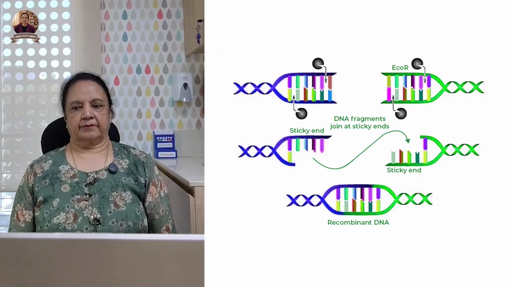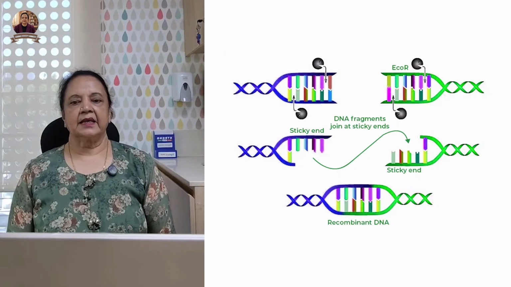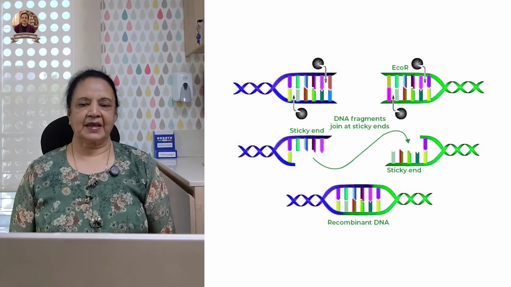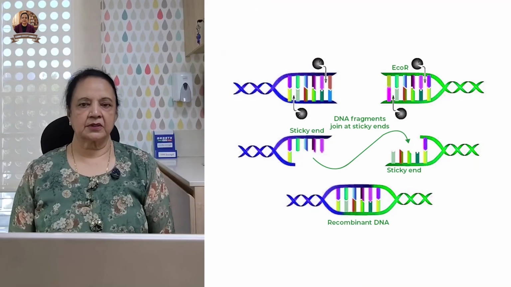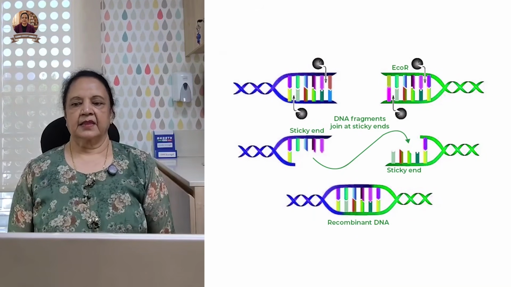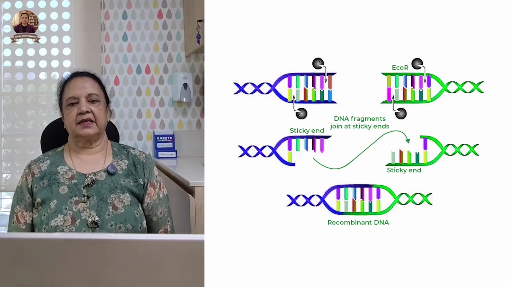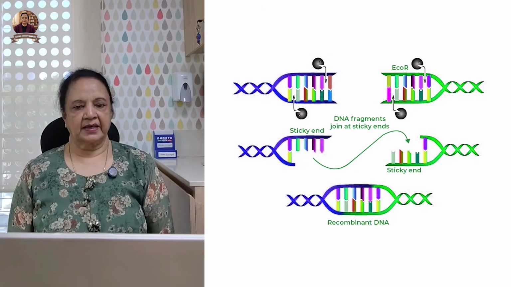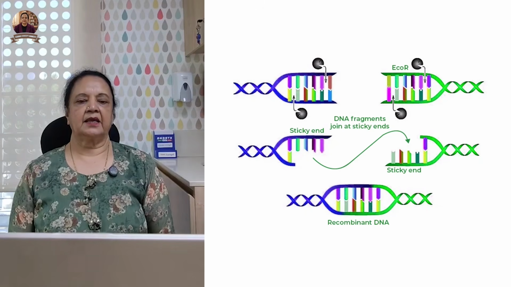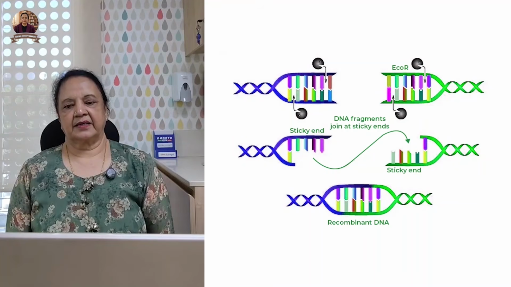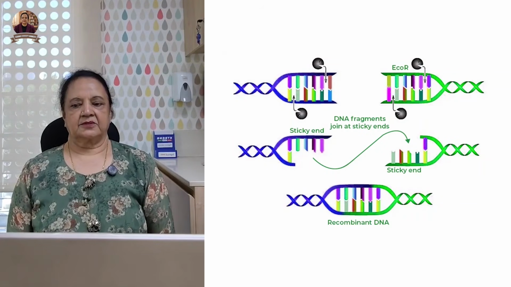Their role: they cut DNA at specific points, generating complementary sticky ends or blunt ends. For example, the enzyme EcoRI cuts DNA at the sequence GAATTC, leaving short single-stranded overhangs.